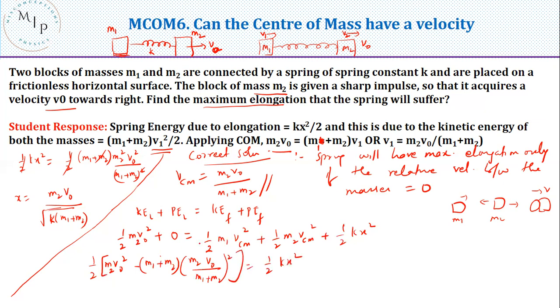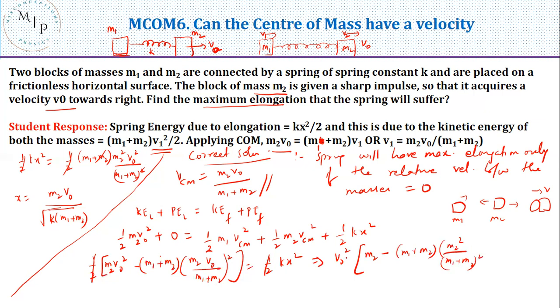Wow. Now see, somewhere we have got a better pattern. This half and this half cancel. Now what do we have here? Let us expand this. Let us take v0 square common: v0 square into m2 minus m1 plus m2 into m2 square divided by m1 plus m2 whole square.